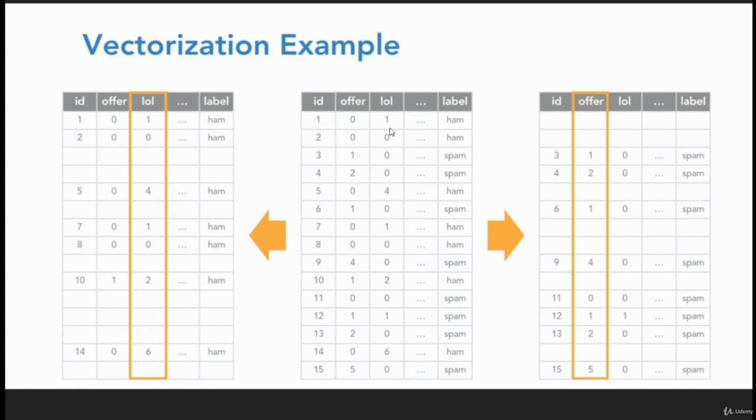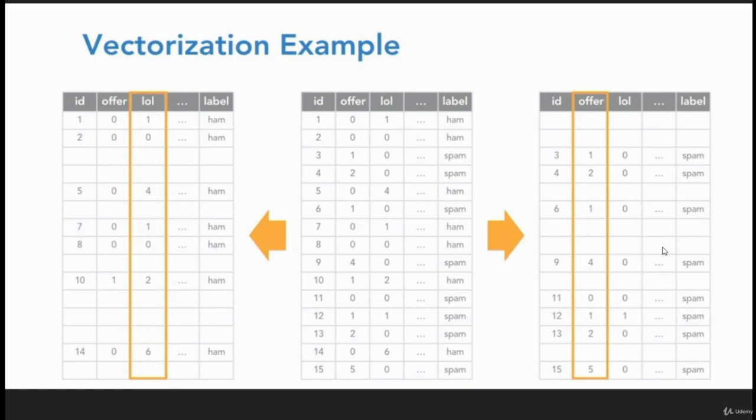So guys, what will machine learning do? Machine learning will make a relation. For example, suppose here I have separated both ham and spam outcomes. As you can see, machine learning can make a relation, like if there is more occurrence of the word lol, then it will be ham, or if there is more occurrence of the word offer, then it can be spam. This is just one simple example, but the assumptions of machine learning are too complex, out of the scope of what I can explain.